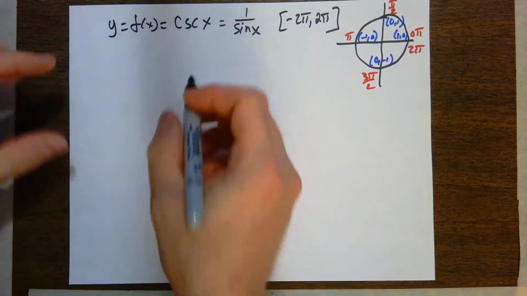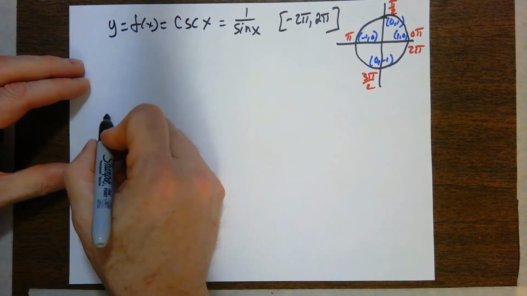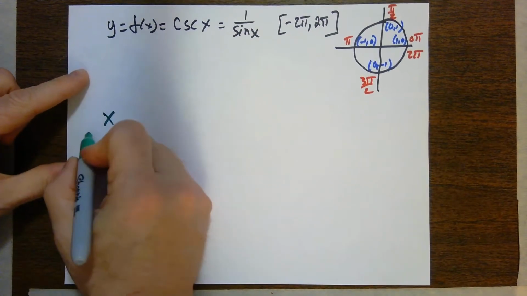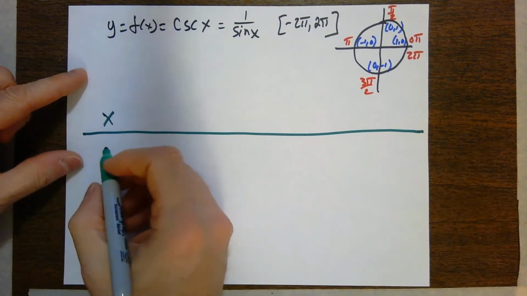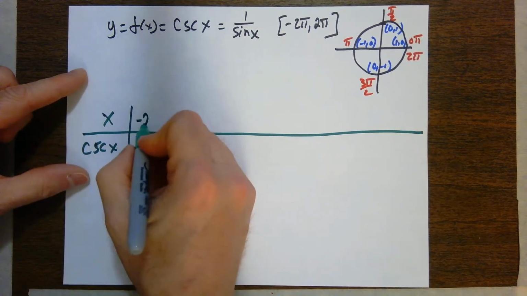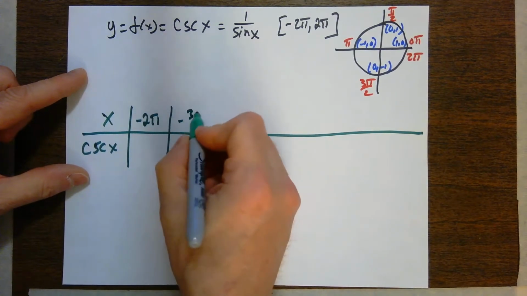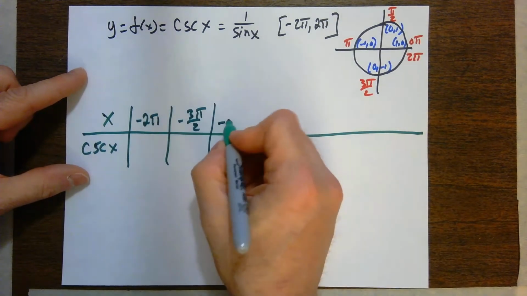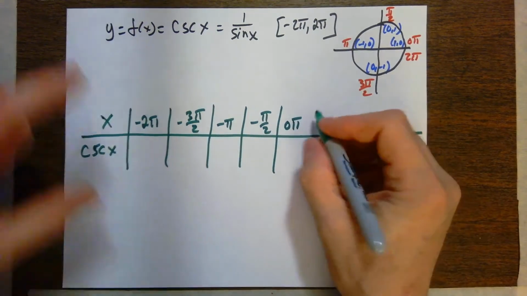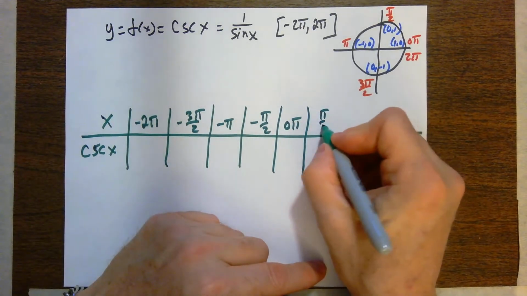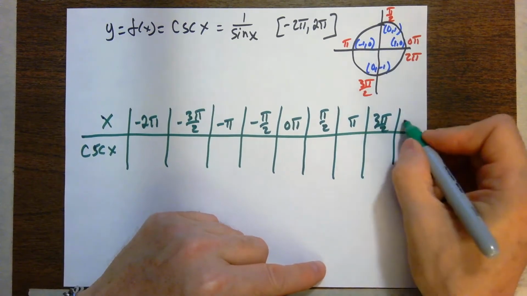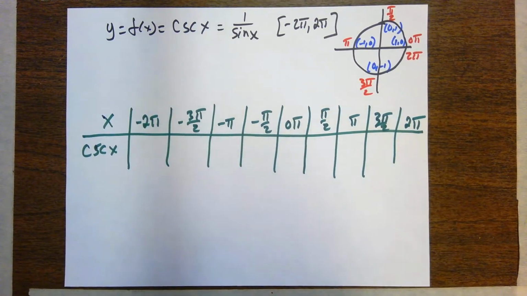So we'll leave a little room for domain and range here in a moment, and we're going to pick some x values, and we're going to calculate the corresponding cosecant of x from negative 2 pi, negative 3 pi over 2, negative pi over 2, 0 pi, pi over 2, pi, 3 pi over 2, and 2 pi.